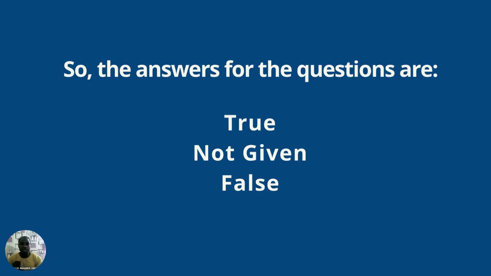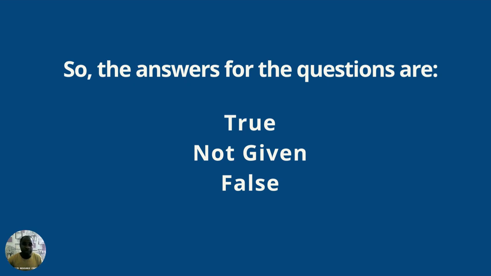So you discover that the answers to question 1, question 2, and question 3 are true, not given, and false. You don't bring assumption into play when it comes to true, false, not given. What matters is the passage and the question, or the statements. The statement made is assumed to be taken from the passage.